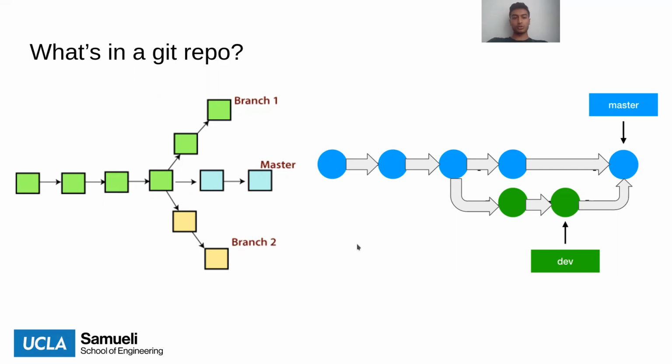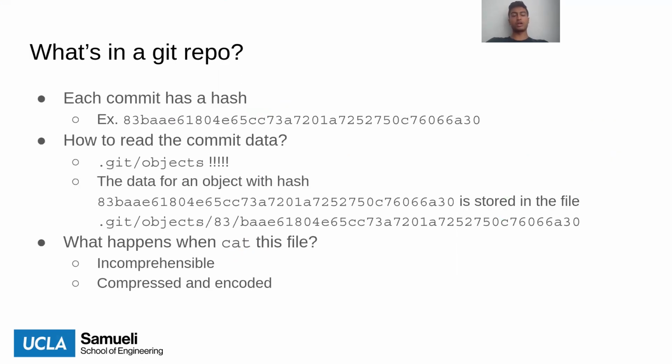Okay, so how do we actually read what's in the .git directory? Each object in Git has a hash, and this includes commits. For instance, let's say we have a commit with the hash 83BAAE and so on. To read the data for this commit, we look in .git/objects. That's the directory where all the object data is.